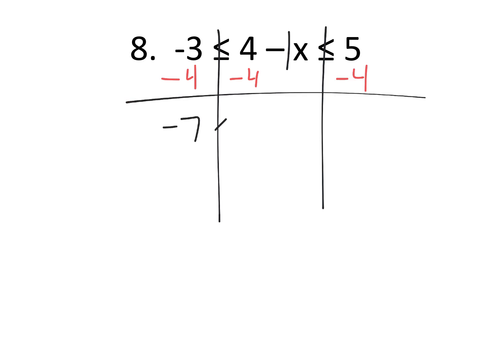I would have -7 is less than or equal to -1x is less than or equal to 1. And now you're dividing all the sides by -1. This one is awesome because you are dividing by a -1. You do have to flip both sides.